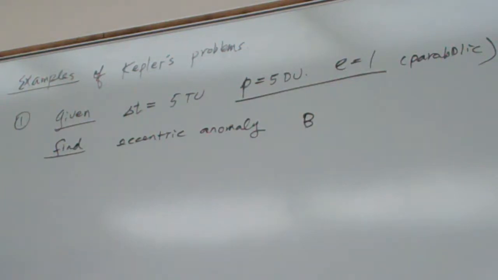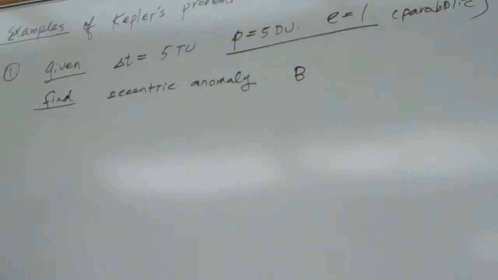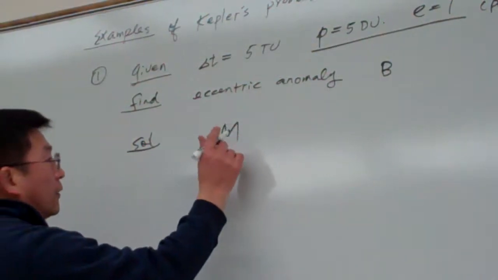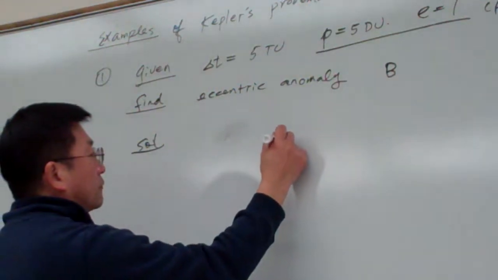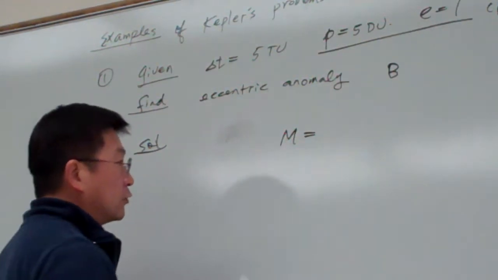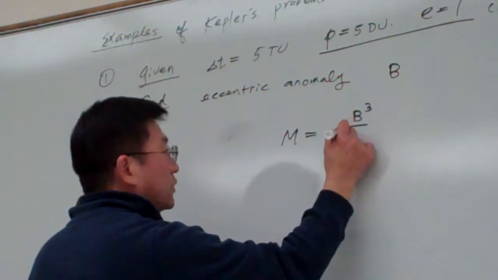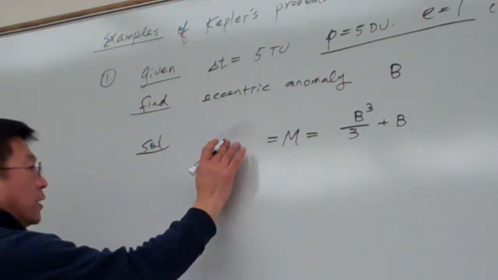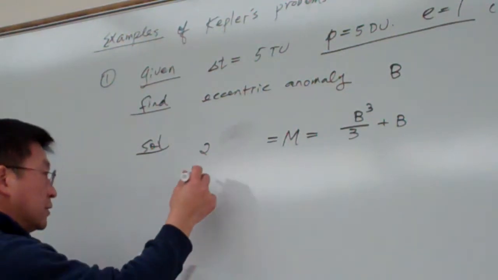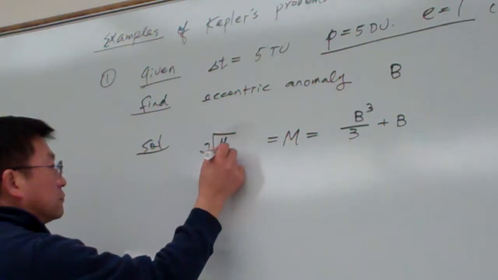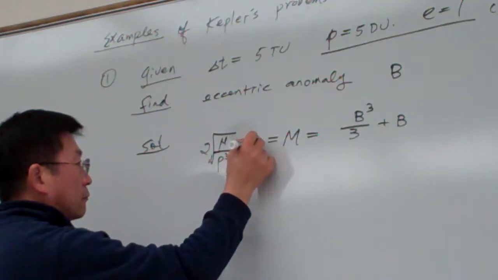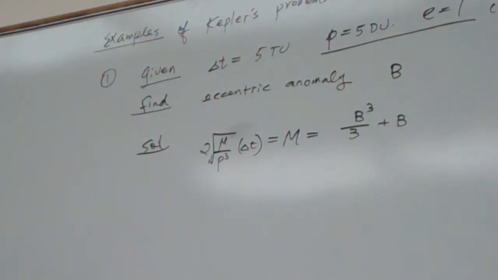So right now, with this kind of handy formula sheets ready, we know the M by looking into our things is B cubed over 3 plus B. And n is actually relating to 2 and delta t. Okay, so that is from our equations here. And we're going to solve for B.